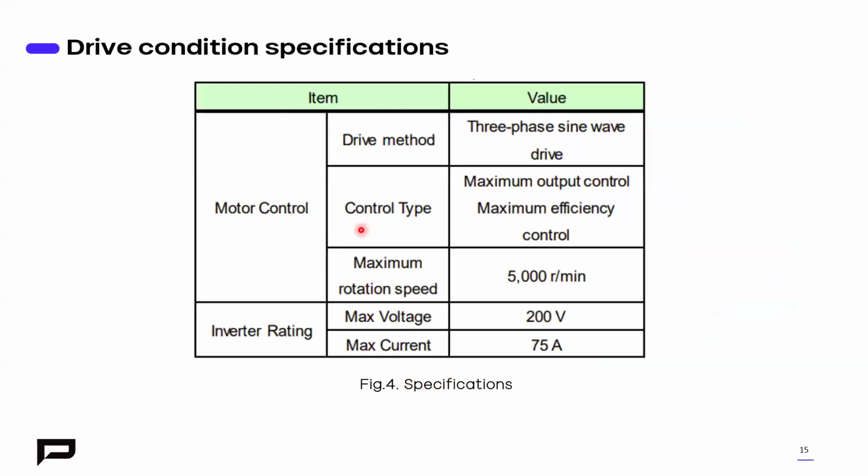These are the drive conditions: a three-phase sine wave drive, and the control types are maximum output control and maximum efficiency control. The maximum speed of this motor is 500 rotations per minute, with a 200 volt, 75 amp inverter rating.